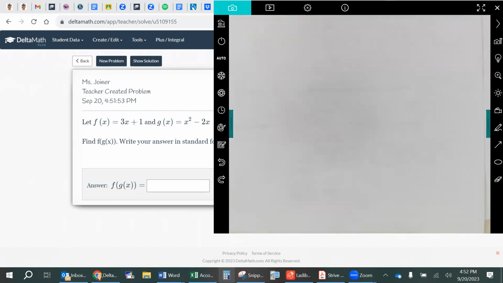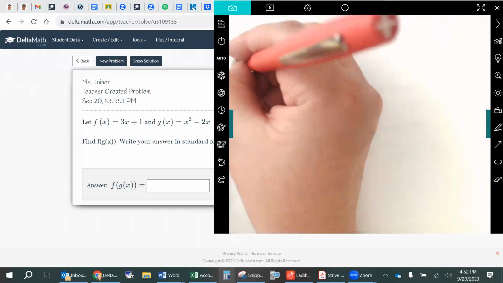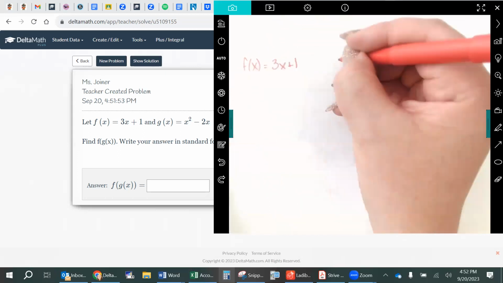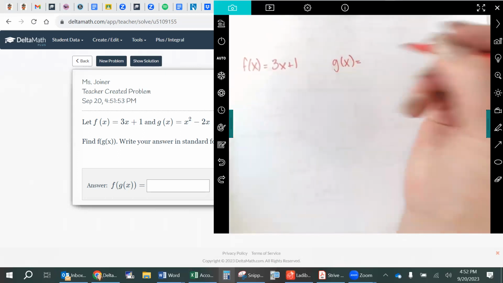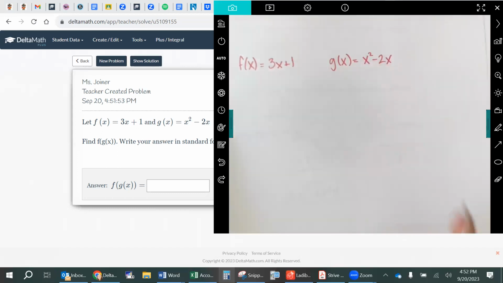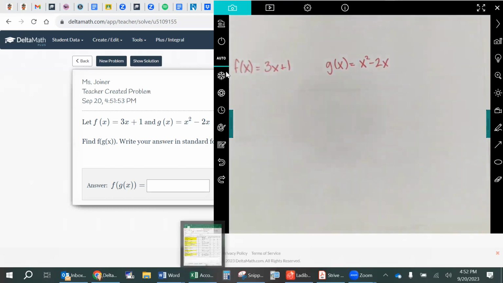So my question says, this is the very last one on your practice. F of x equals 3x plus 1. G of x equals x squared minus 2x. Okay, and then if you look right here on your screen, you're asked to do f of g.